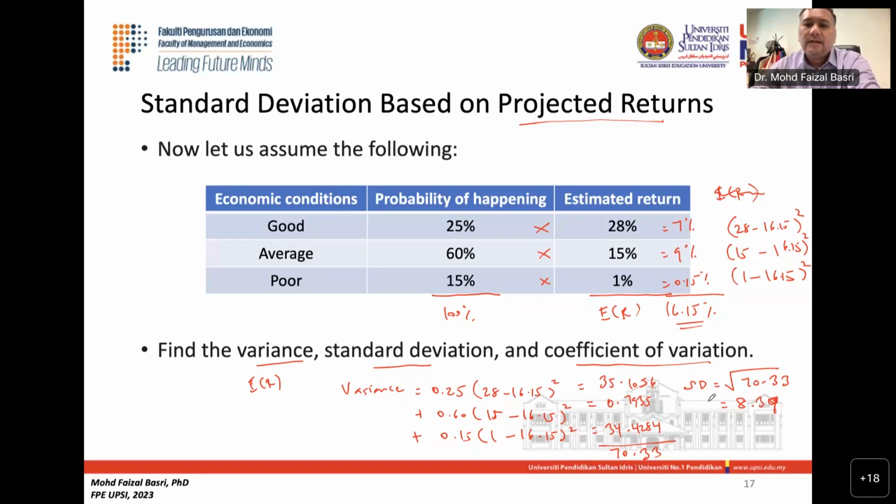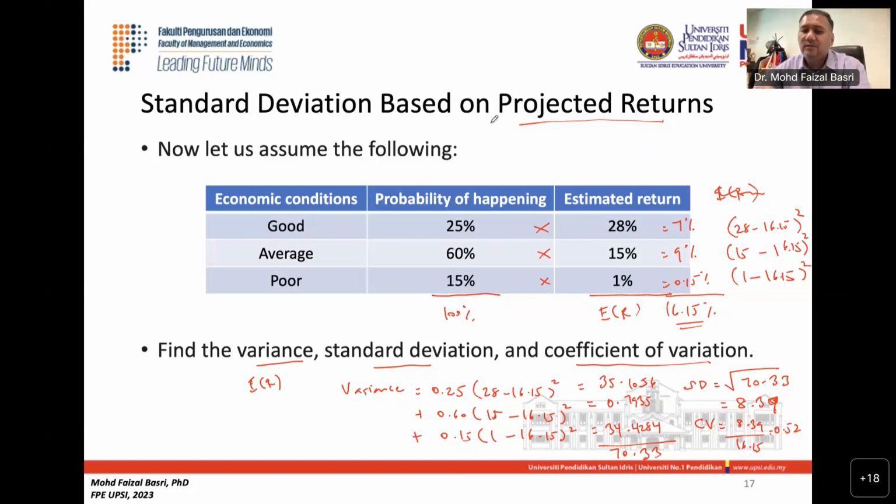Okay, and to find the coefficient of variation, CV is 8.39 divided by 16.15, which gives 0.52. So that's how we measure the risk and also return for the projection returns.